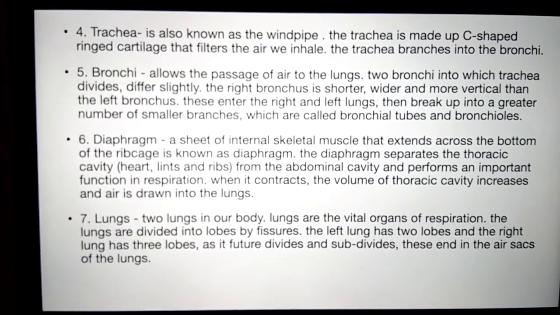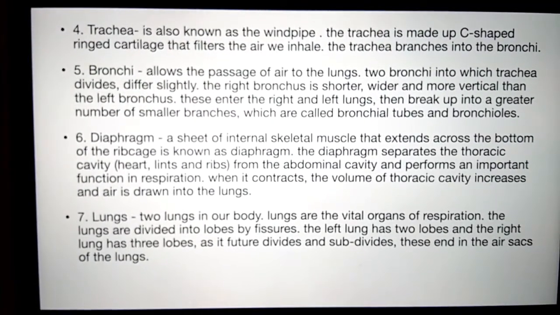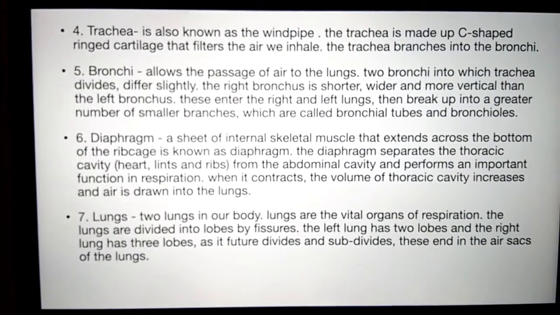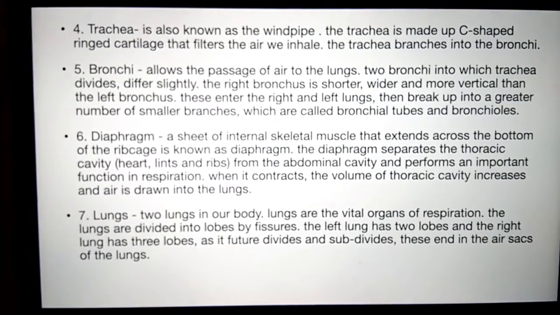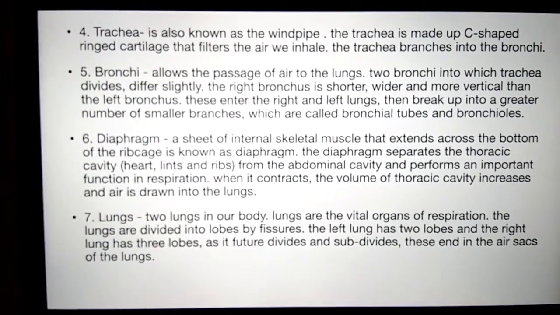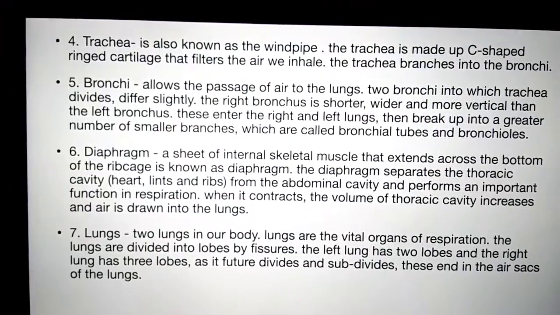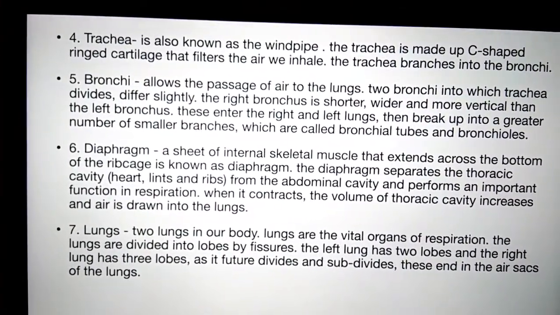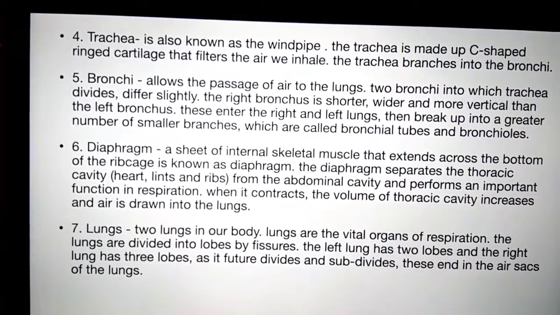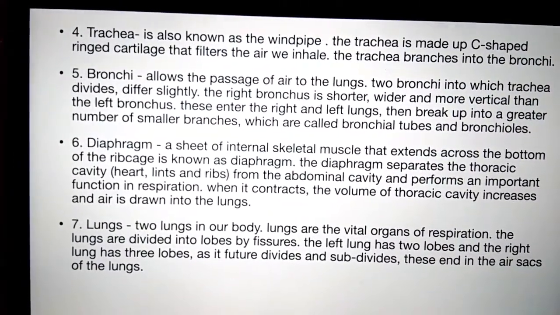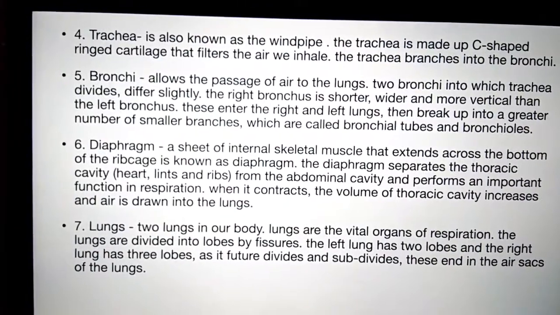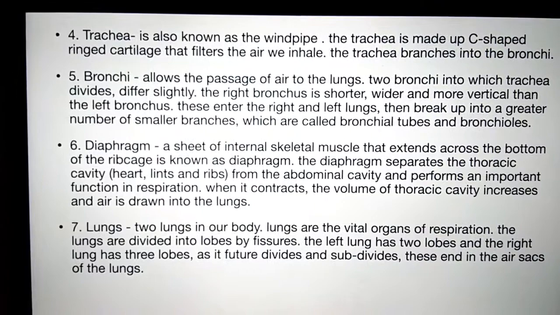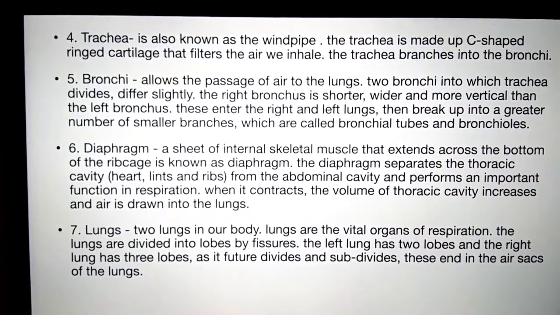The right bronchus is shorter, wider and more vertical than the left bronchus. These enter the right and left lungs. They break up into a greater number of small branches, which are called bronchial tubes and bronchioles.